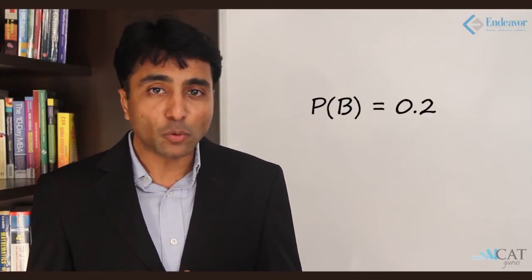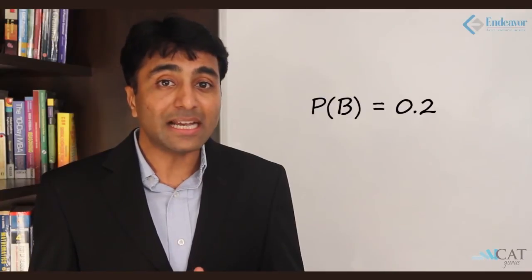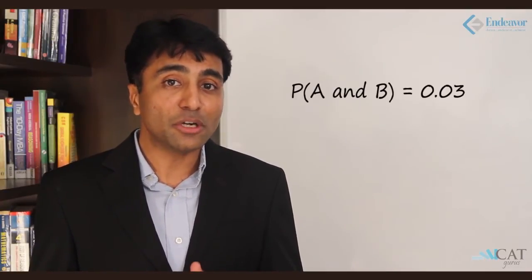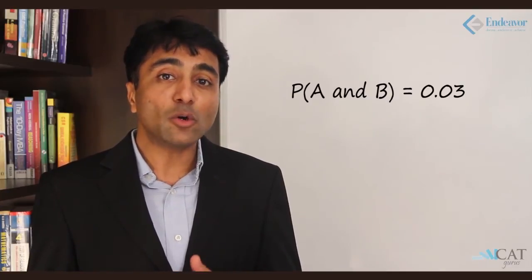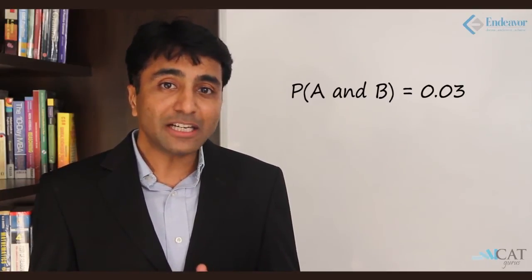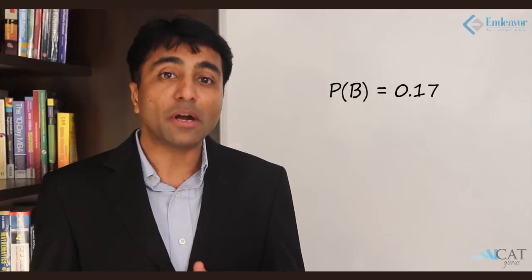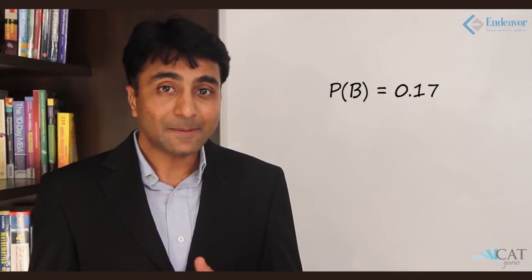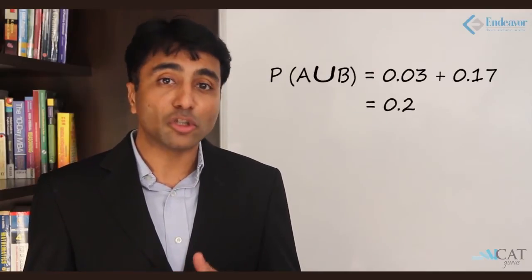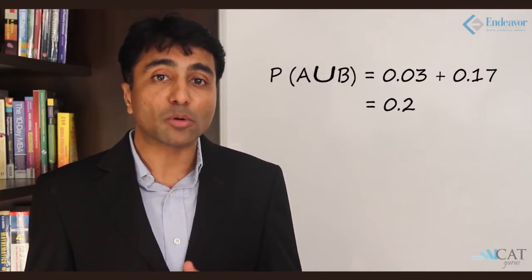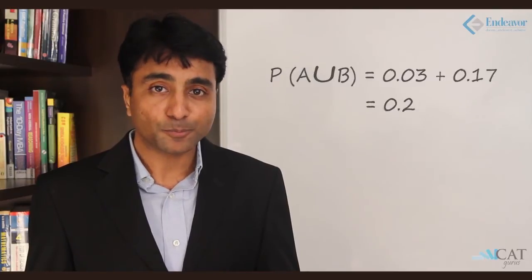Similarly, a patient getting cavity done is 0.2 and a patient getting cavity done as well as tooth extracted is 0.03. So the probability of a patient having only cavity done and not getting tooth extracted will be 0.17. Hence, if I club both the cases, I will get 0.03 plus 0.17. So overall probability will be 0.2.